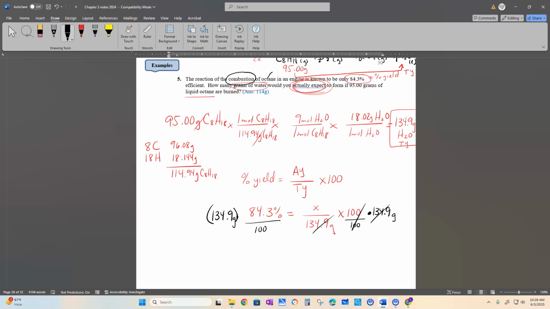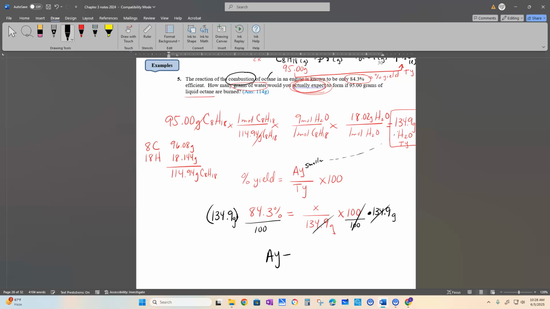So I'm going to take the 134 times 84, and I'm going to divide by 100. So 134.9 times 84.3 divide 100. Now, actually, this number should be smaller than your theoretical. So you should not get higher than 134, and we don't.